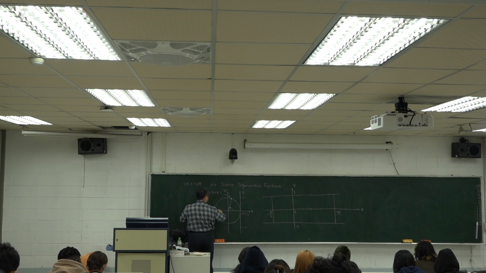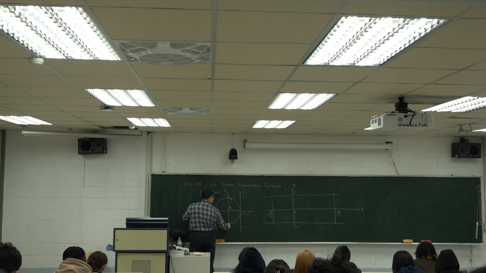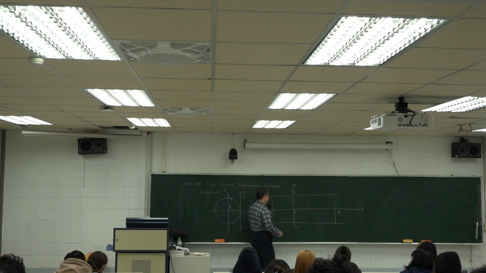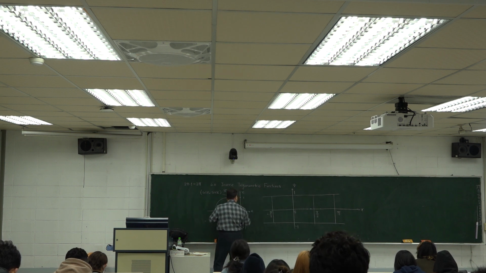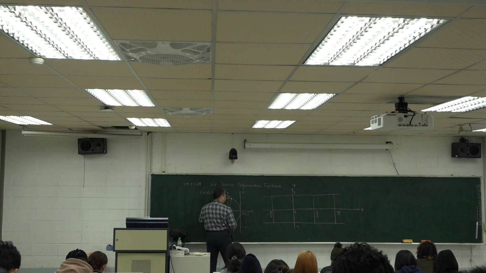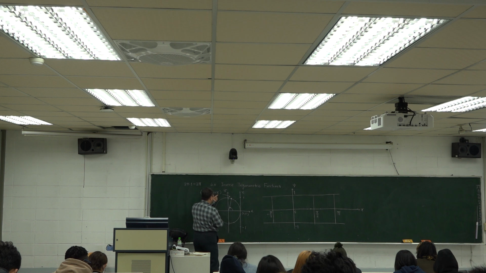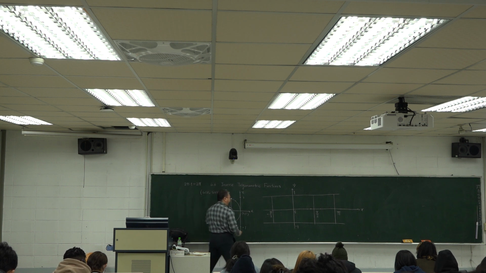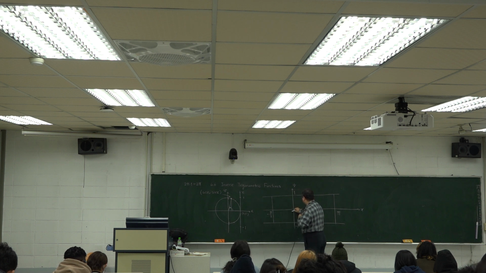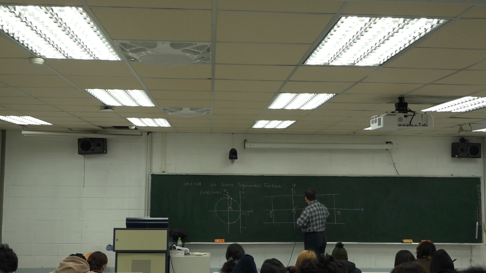So the length of this arc is pi. This is half pi, and this is minus half pi. When x goes from 0 to half pi, the y coordinate goes from 0 to 1.